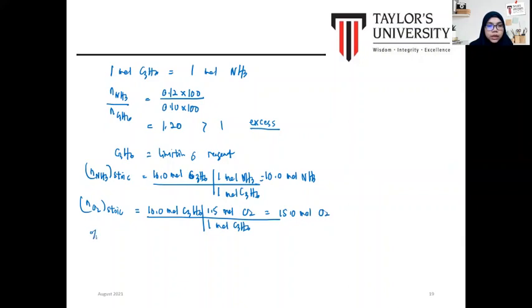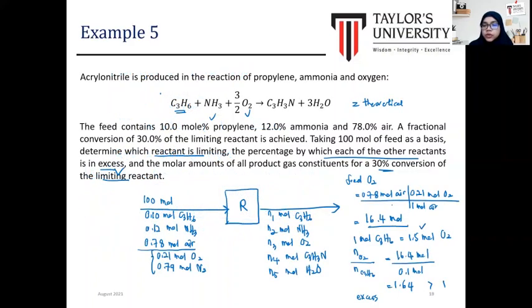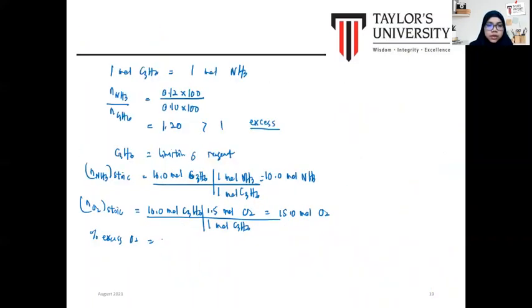And then we can determine the excess O2 by comparing the feed to the stoichiometric requirement. So we have 16.4 minus 15.0 over 15.0, times 100%, about 9.3% excess.